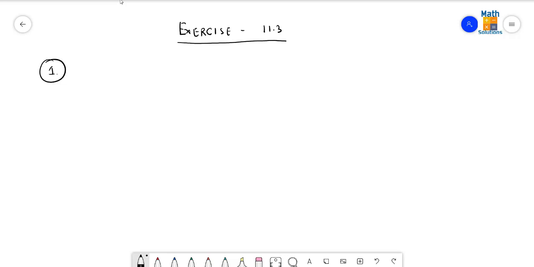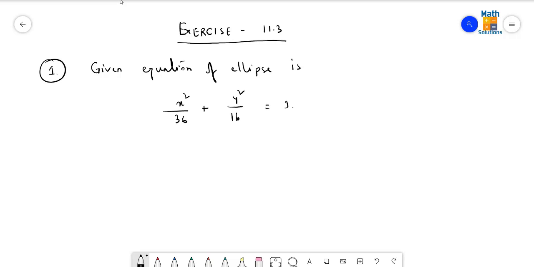In this first question, the given equation of ellipse is x square by 36 plus y square by 16 is equal to 1. Let us first mark this as 1.